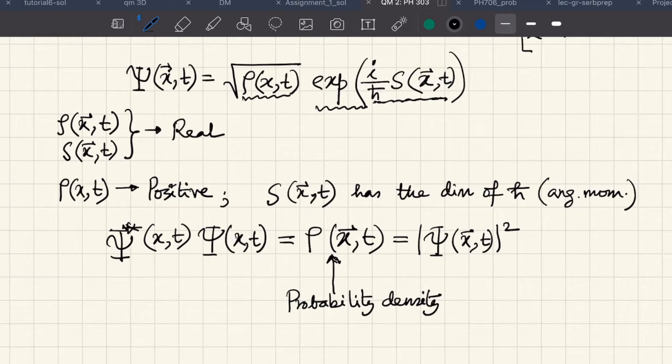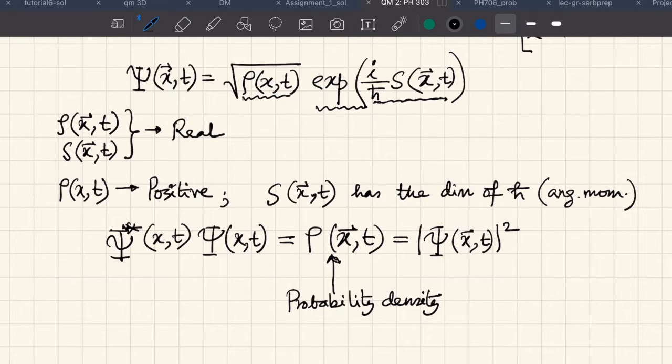If this is the probability density, then of course we can calculate the probability current in this scenario, because that's what we have already done in PH 204: I have the probability density and I can calculate the probability current from it. So let us see what comes out of this calculation.